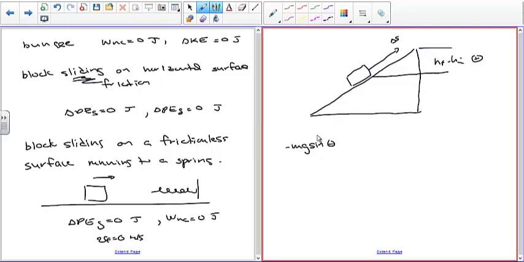So actually it's mg cosine of theta, because that gives you the y component of the force, y being this way upward, so this being x. So this would give you the component of the weight perpendicular to the surface, and then you'd multiply by the coefficient of friction, so that would give you the friction force, and then you'd multiply by delta S. So that would be the non-conservative work.